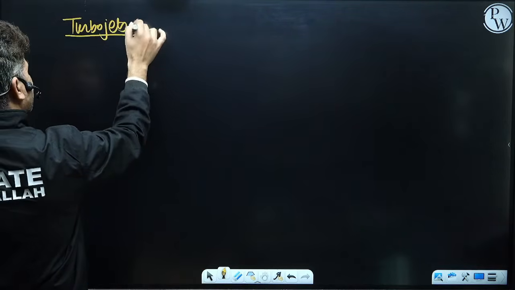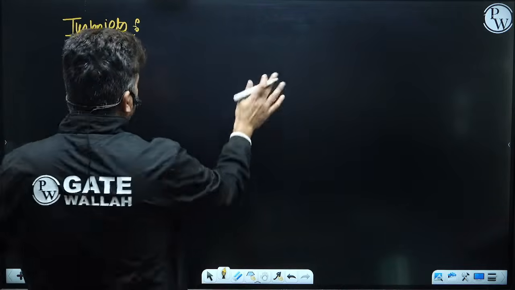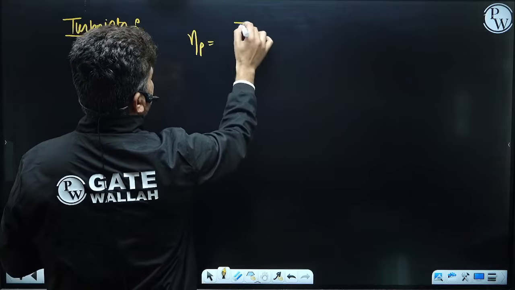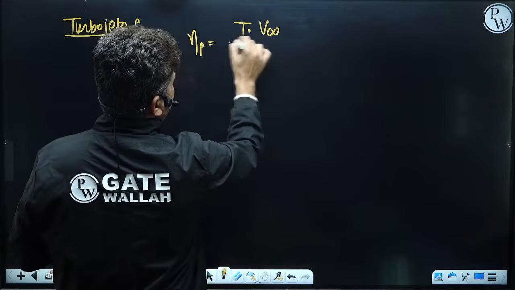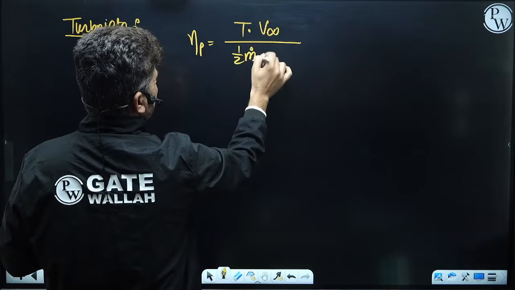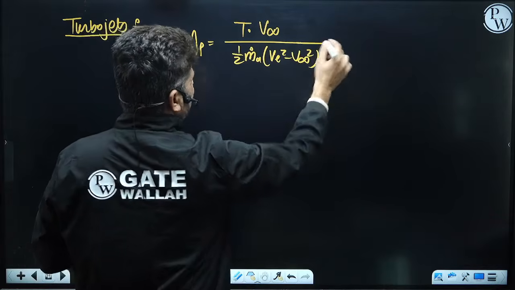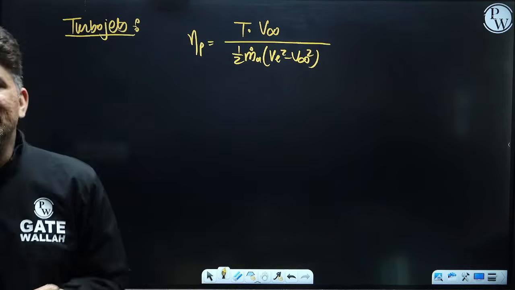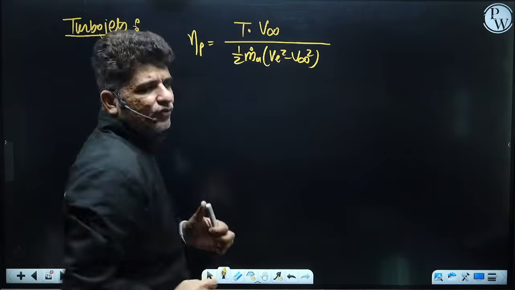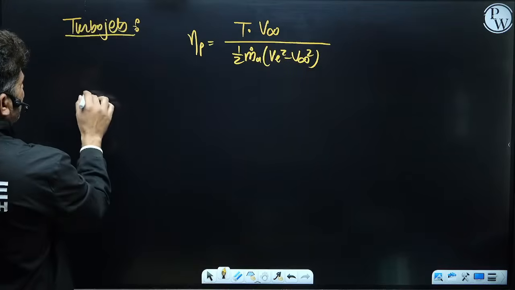Now if you see turbojet engines, the propulsive efficiency will be thrust multiplied by V infinity divided by the energy that you are imparting, which is half of mass flow rate of air times V exit square minus V infinity square. In case of turbojet engines, the thrust would be calculated based on the first equation that we have got.